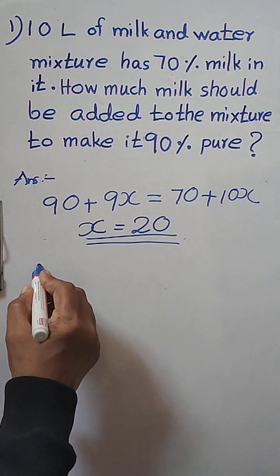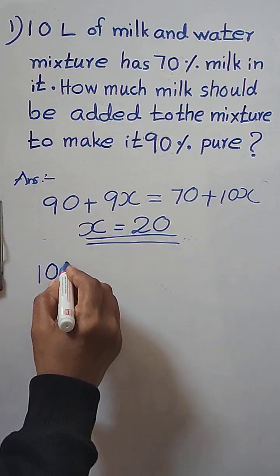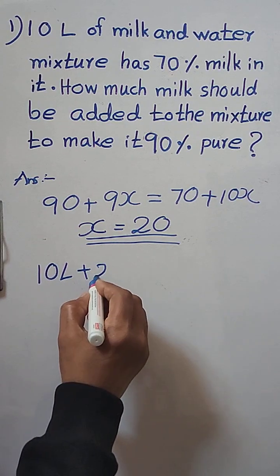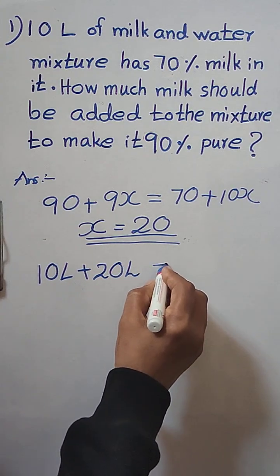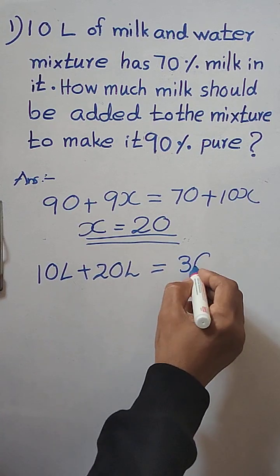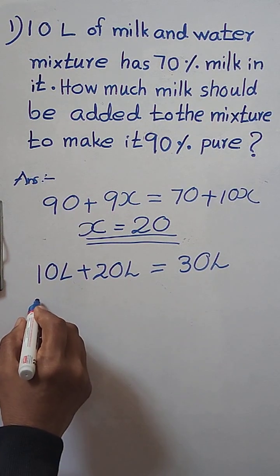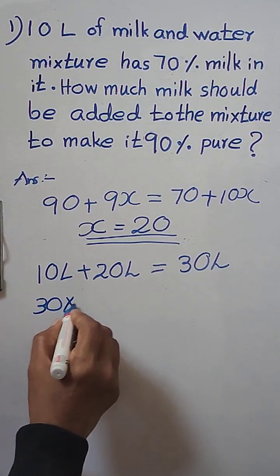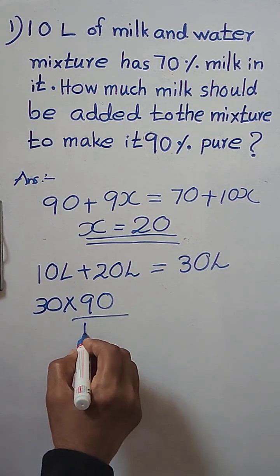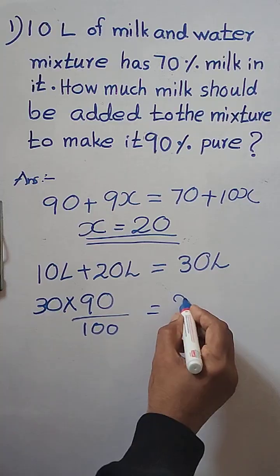That is, originally there is 10 liter. Now we are adding 20 liter. The total amount will be 30 liter. And of 30 liter, 90% of 30 liter, let us check. 30 into 90% is equal to 27.